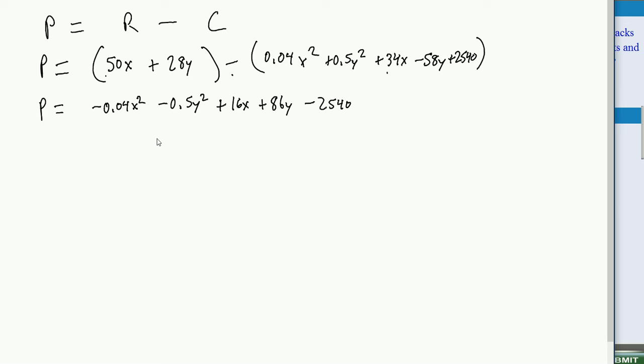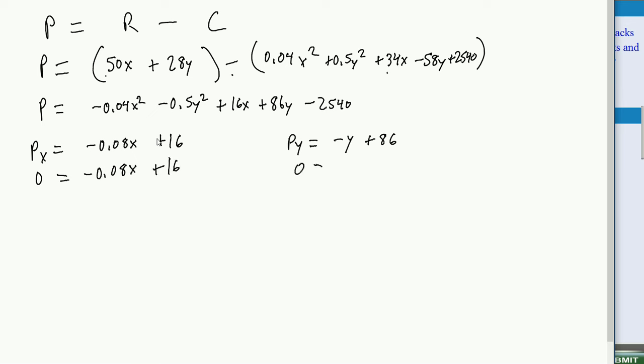And once you get the function, now it's just like the last couple of problems. So we'll get our derivatives. With respect to x, negative 0.08x plus 16. With respect to y, we're going to have negative y plus 86. Set them equal to 0 and solve for x and y.